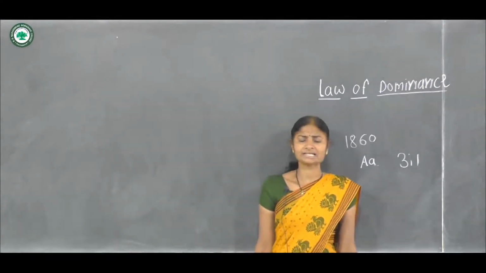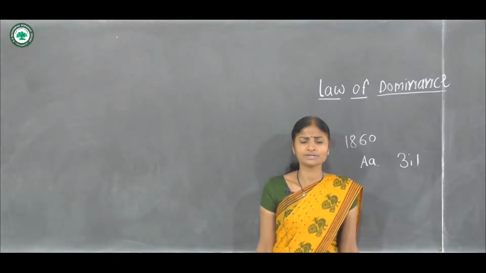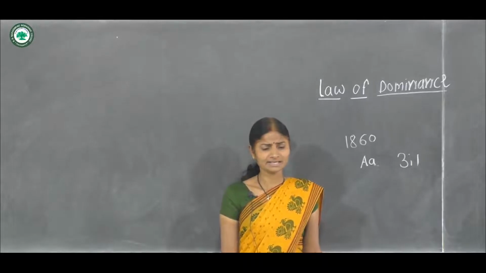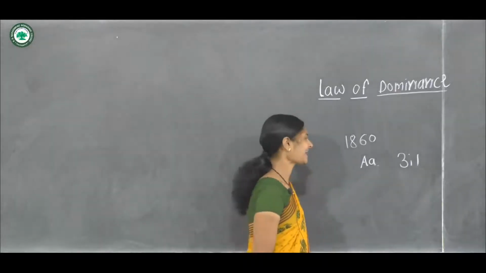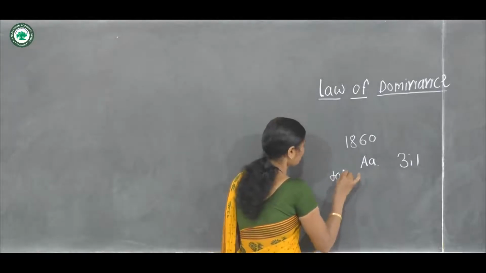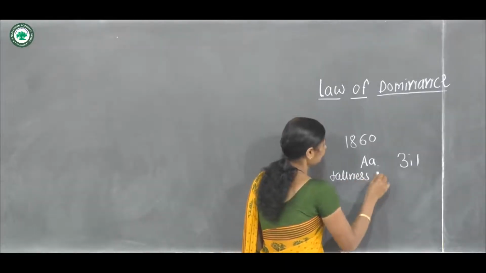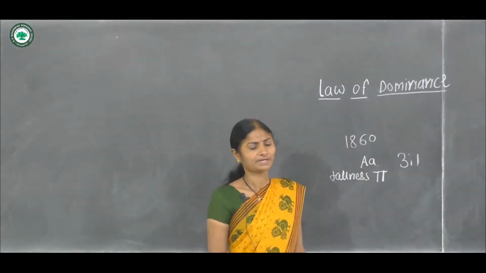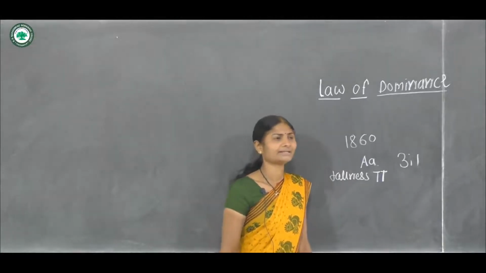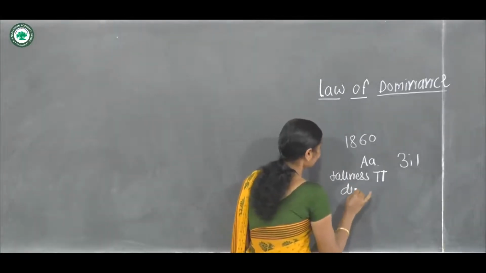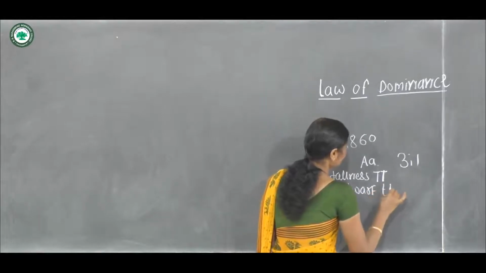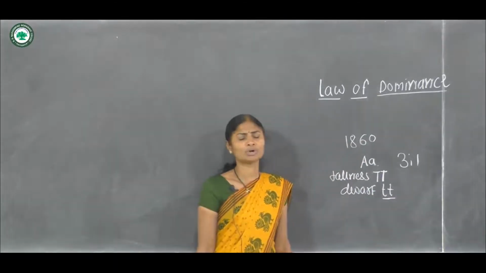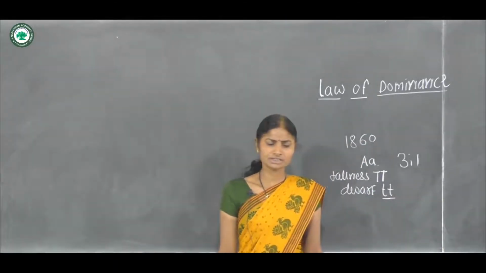For dominant characters, capital letters are used, while for recessive characters, the corresponding small letters are used. Tallness is represented by capital T, which indicates the dominant character, and the dwarf character is represented by small t, which indicates the recessive character.